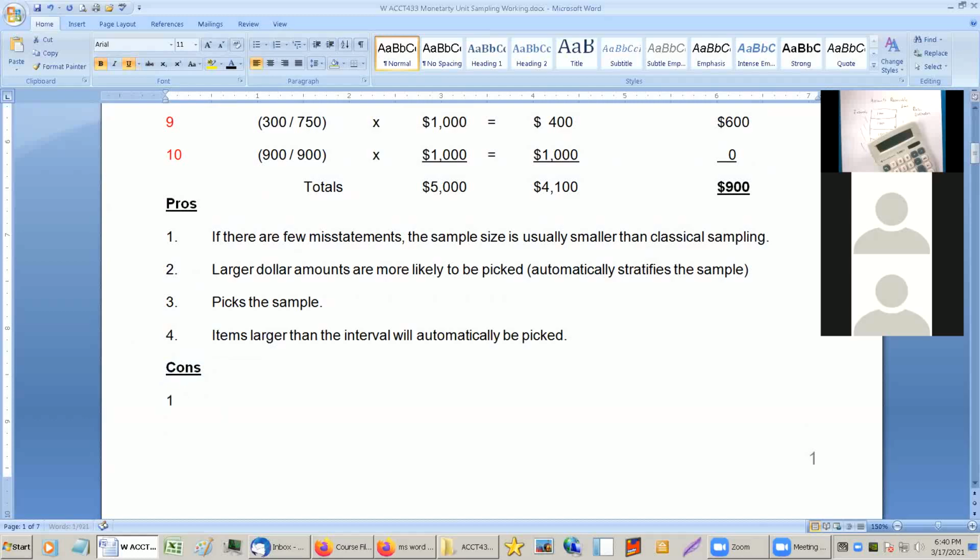The biggest con is that this is not to be used for understatements. It's only for overstatements. And here's why.